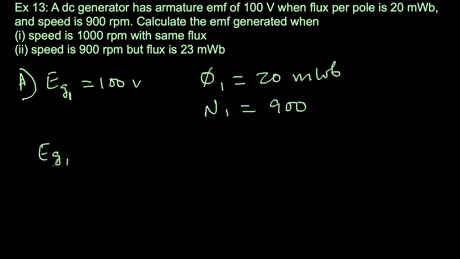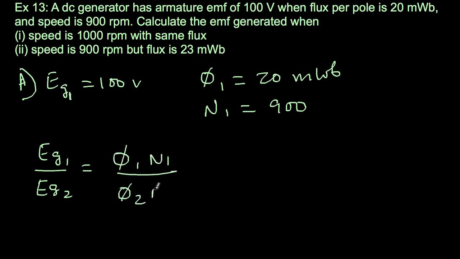So we know that EG1 by EG2 will be flux 1 N1 by flux 2 N2. So EMF is proportional to the product of flux and speed. So N2 is given to be 1000 RPM and same flux. So phi 2 is nothing but phi 1. So therefore, I can cancel these two and then find Eg2.